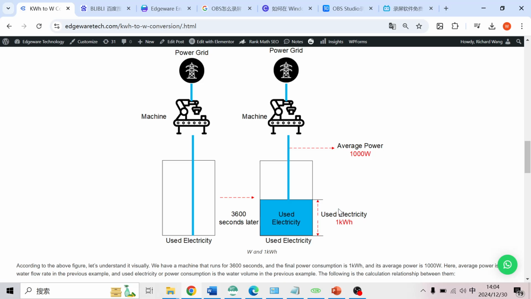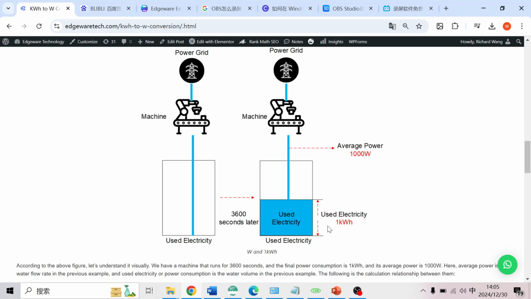So this is like water flow, and this is like the water, I mean how much water you have in the tank. There are two different concepts. They cannot make a direct conversion. It really should involve time. So with the time and the water flow speed, you get the final water you have here.